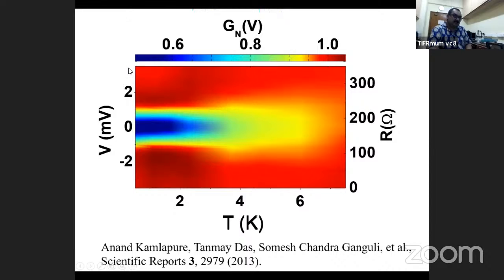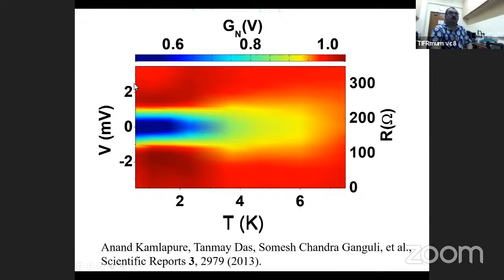The y-axis corresponds to the bias voltage, and the x-axis is the temperature. So you have many spectra at different temperatures encoded in this color plot. This blue is the superconducting gap, because blue is the low conductance region.